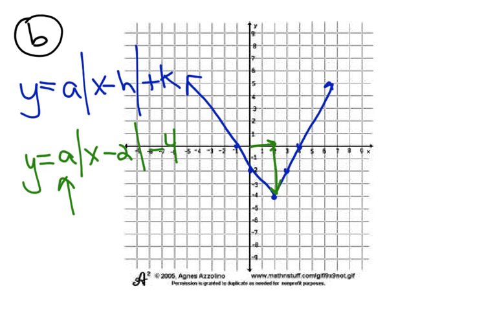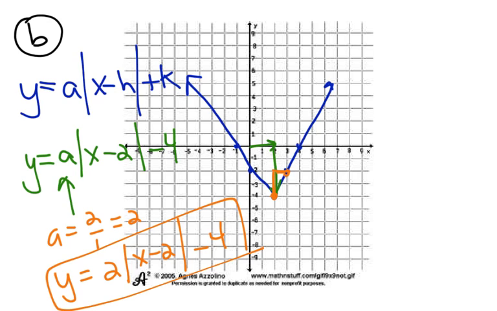Since the graph opens up, it's going to be positive, and a kind of has to do with the slope. So let's look at the slope. I have to go from here to here, up 2 to the right 1. Well, slope is rise over run, then a must be 2 over 1. So the equation must be y equals 2 times the absolute value of x minus 2, minus 4.